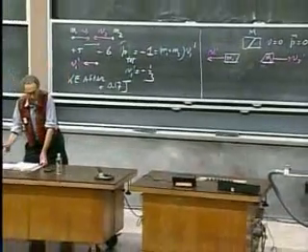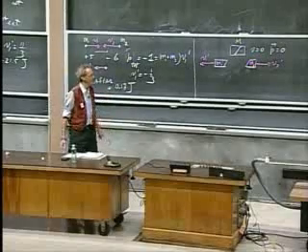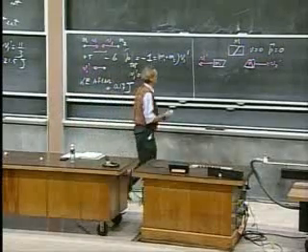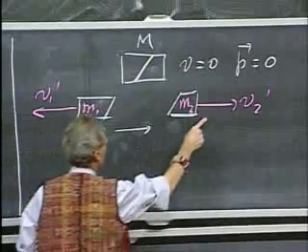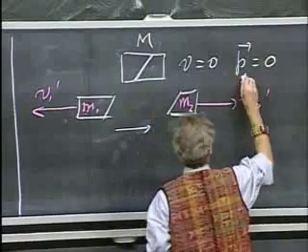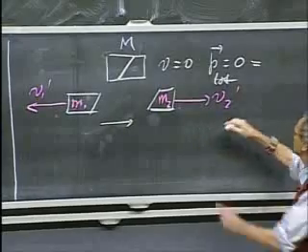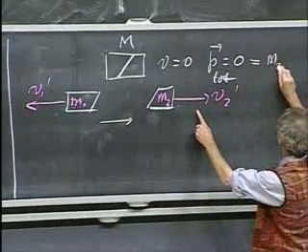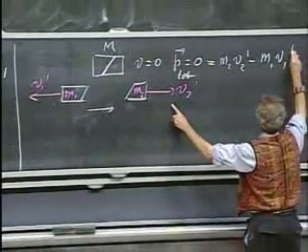Clearly, momentum must be conserved. This explosion is only internal forces. And so you can write down, if you call this the increasing direction of x, so this momentum is positive and this momentum is negative, the total momentum will never change. It's the same before as it is afterwards, so this must be m2 times v2 prime minus m1 times v1 prime.